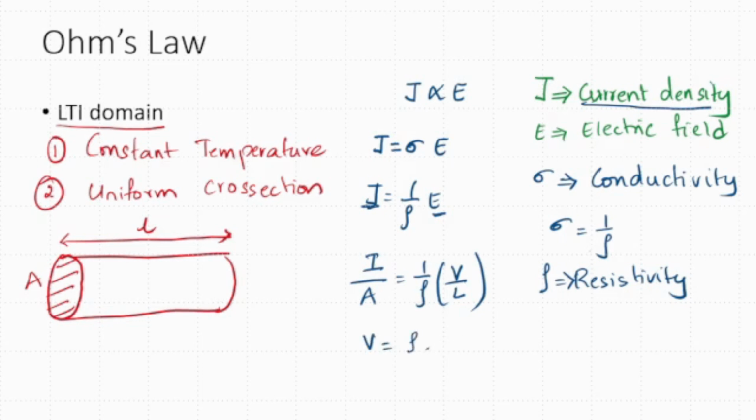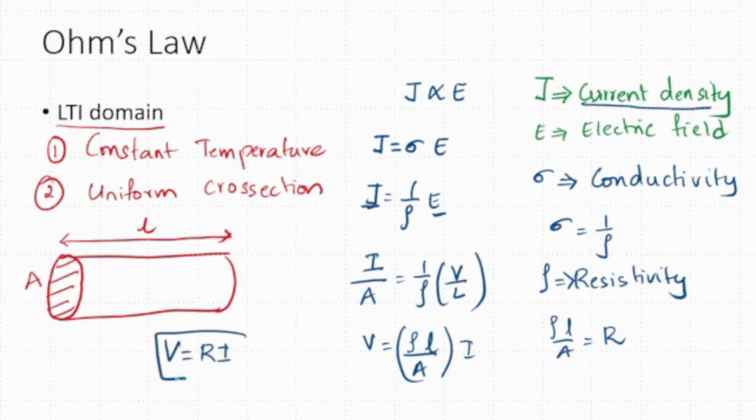Rho L over A times I. What is rho L over A? That is resistance. So what did we get here? V is equal to Ri. Is that clear? Yes. So this is the basic principle of Ohm's law. Right? So మనకి ఇప్పుడు ఏమొచ్చింది? V is equal to Ri.